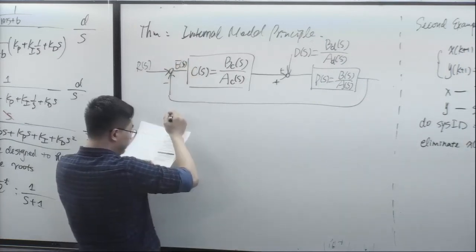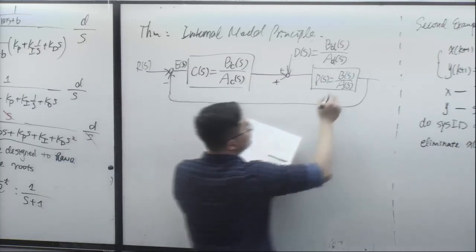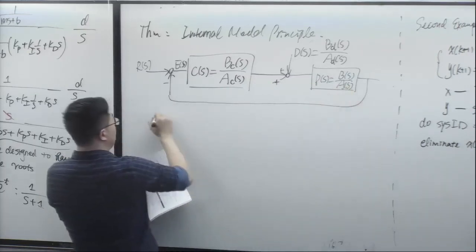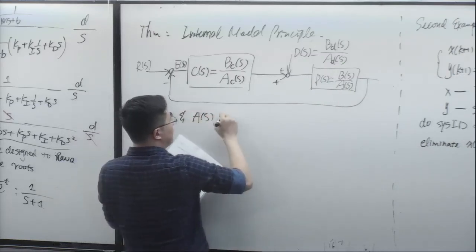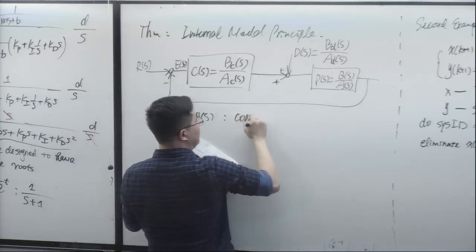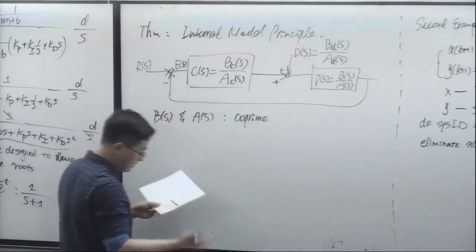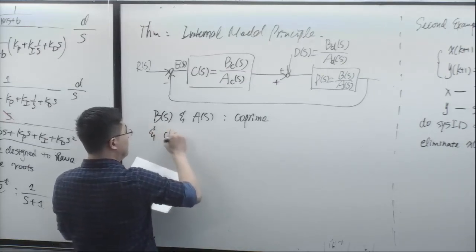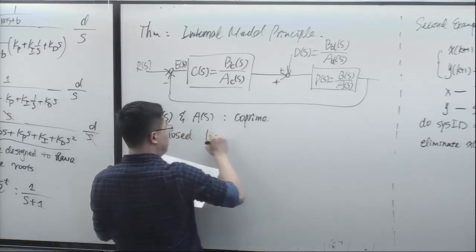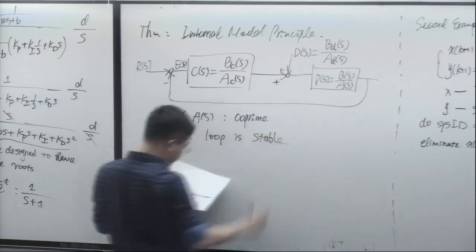So it says, yeah, the conditions are B(s) and A(s) have no common roots to start with, which is a very basic assumption. And the closed loop is designed to be stable.